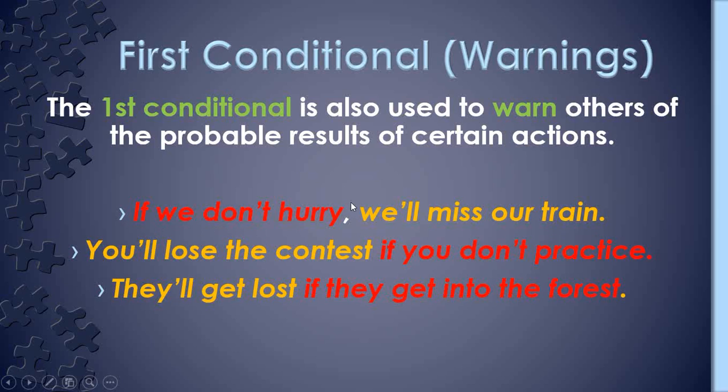So, if we don't do this, this condition, something not good for us could happen. What is that? We'll miss our train. Okay, so this is the condition, and this is the result, the possible result. And at the same time it is a warning, because it's something that maybe we don't want to happen.